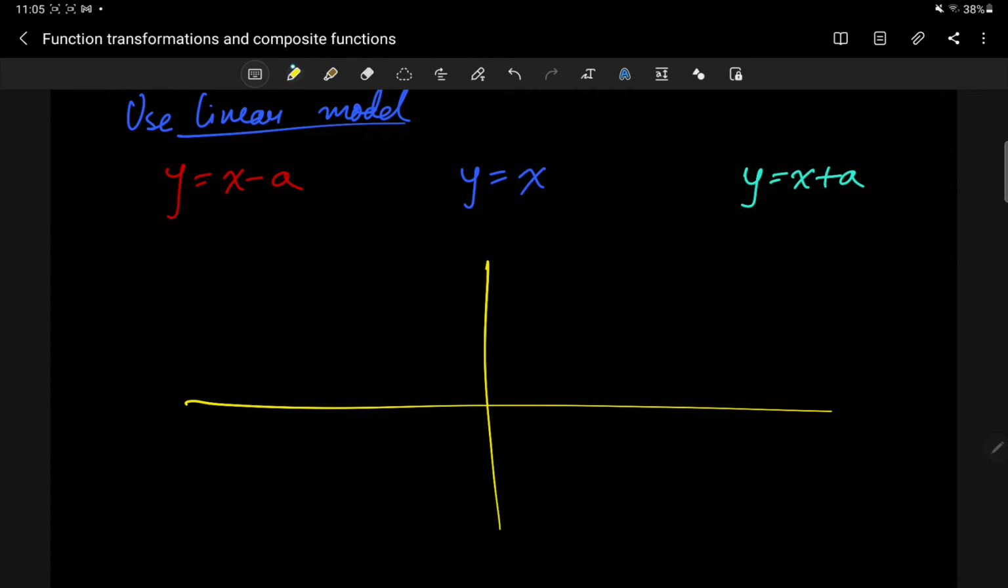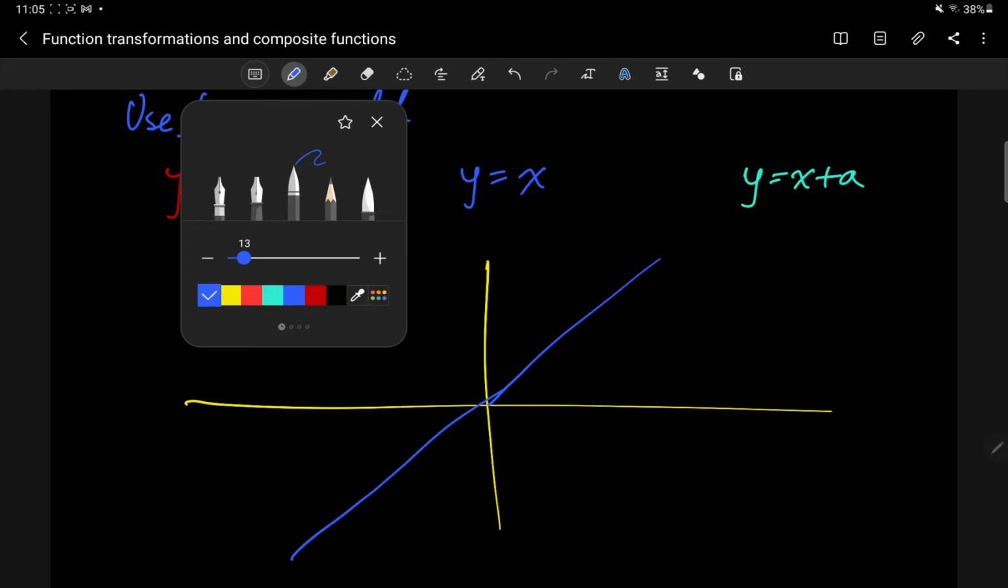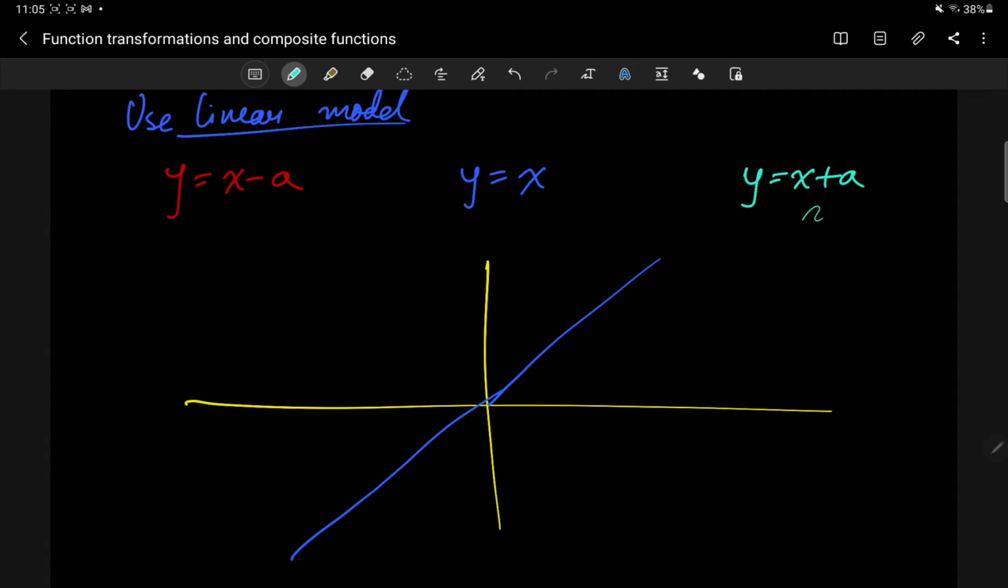Now y equals x we know is a straight line of slope 1 which goes through the origin. Now what about x plus a? To find the intercept here, when x is negative a, y is 0, and when x is 0, y is a.